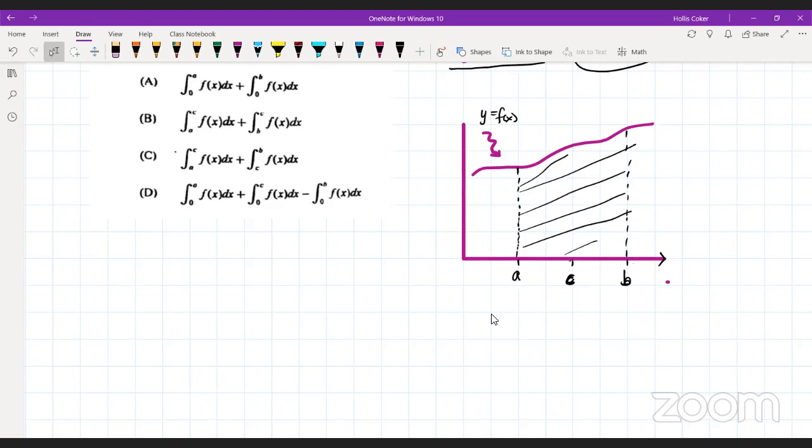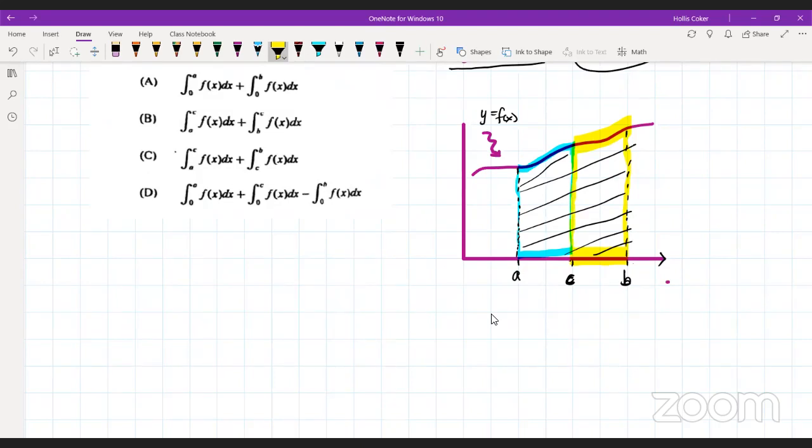Well, that area will be the sum of two areas. If I draw a line down here like that, I take this area from here to here and find that, and then take this area from here to here, and put the two areas together, I will get the overall area.